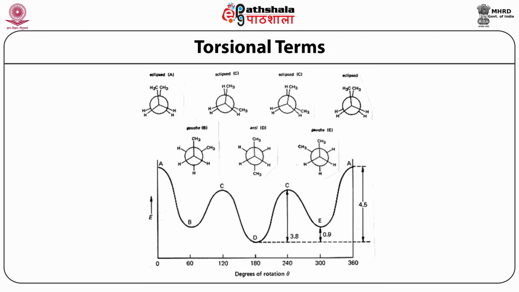The best trans would be the point shown here by D. That is the lowest point, because the 2 CH3 groups shown here should be totally staggered, as shown here. Hence, we have so many possibilities for a single bond rotation or torsional terms, and that depends on what value of n you take and what the phase value should be.